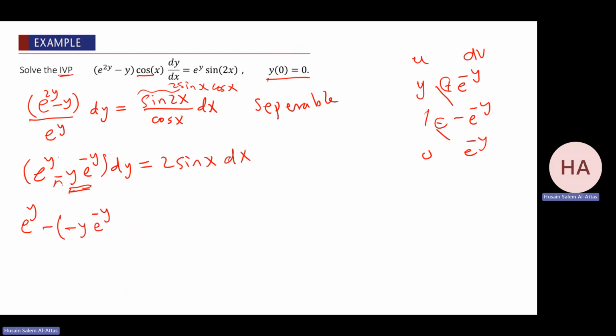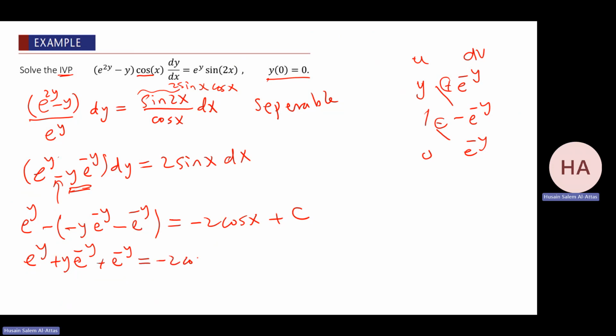There is a minus sign outside. Minus e^(-y) equals... what's the integral of 2 sine x? Minus 2 cosine x plus c. So the answer is e^y plus y e^(-y) plus e^(-y) equals minus 2 cosine x plus c.